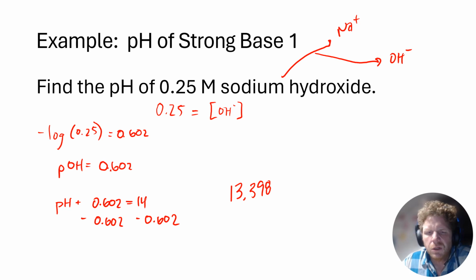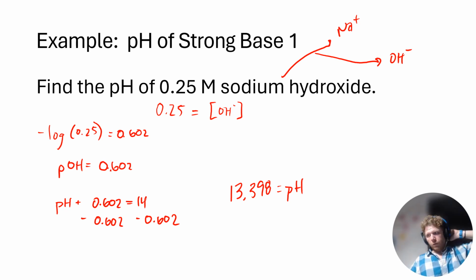So effectively 13.4. This is my pH of a 0.25 molar sodium hydroxide solution. So how would I classify that? Acidic? No. Basic? Totally. And very basic.